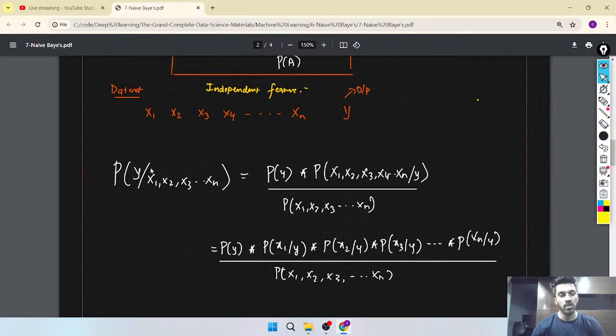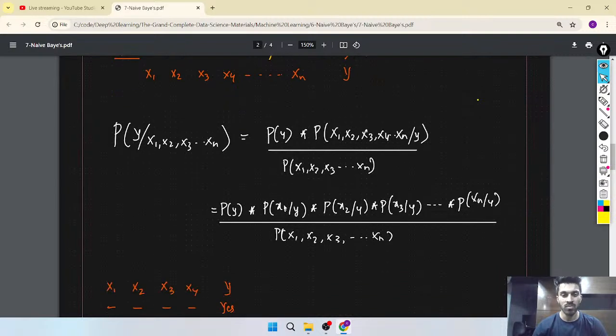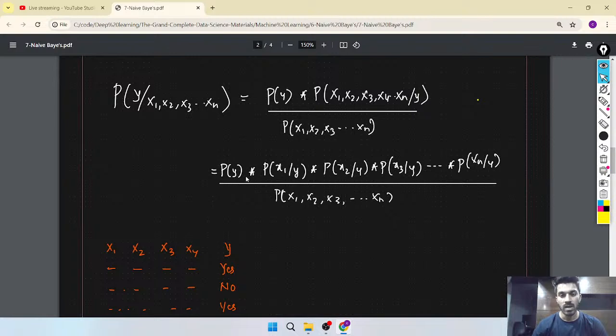Suppose you are doing a classification problem using naive Bayes. So probability of yes given x1, x2 to xn, all features, will be equal to probability of yes into probability of x1, x2 to xn given yes, divided by probability of x1, x2 to xn.